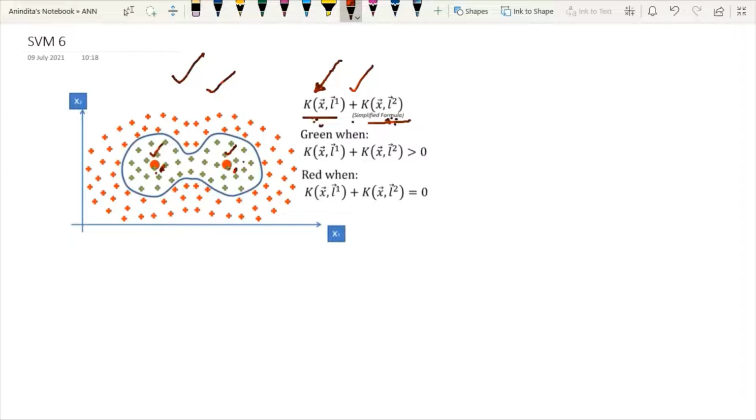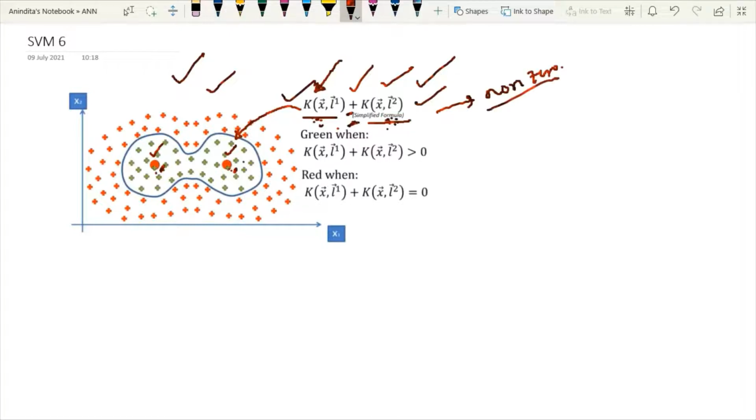Say, after computation, from landmark 1 I am getting some value as 0. And after computation, from landmark 2, I am getting a value which is non-zero. But overall in this case, as I am taking the summation, I will get some non-zero value. So we get a non-linear decision boundary like this. The ultimate aim of taking the sum of two kernel functions is to get some non-zero value.